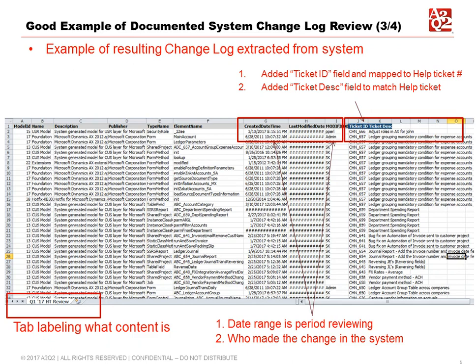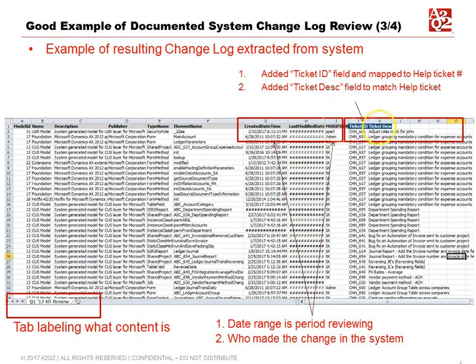Here you can see the date range for the period that we're reviewing. You can see who made the change in the system under the field called modify. So here are some initials, some names of people who did the system admin, whoever made that modification. That's good so that when we do our audit, we know who it is that we're looking for.